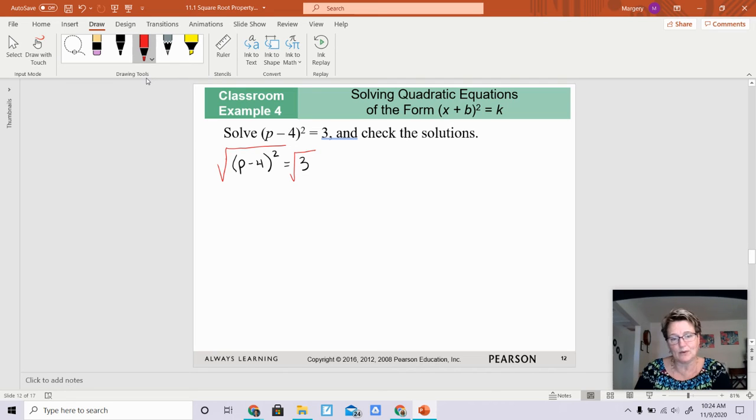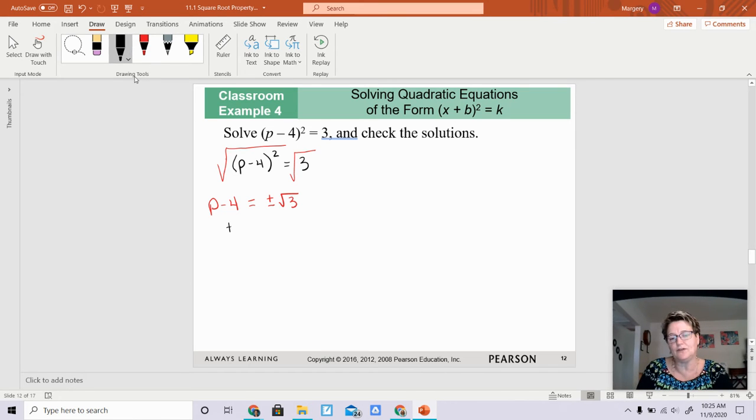So you end up with p minus 4 equals, now here's where it's tricky, you can't forget the plus or minus. And we can't simplify the square root of 3.